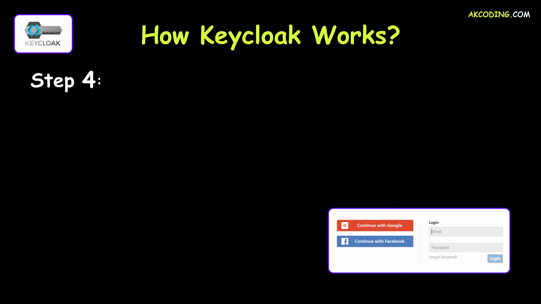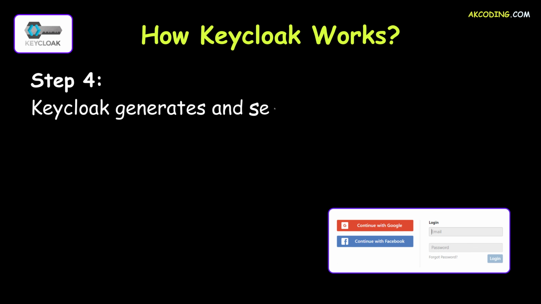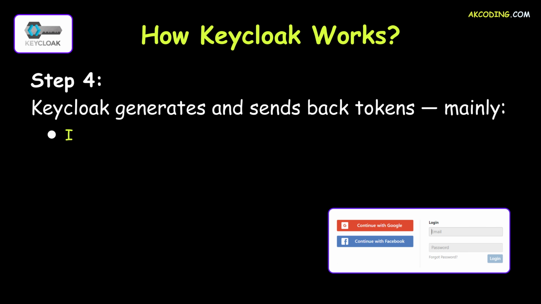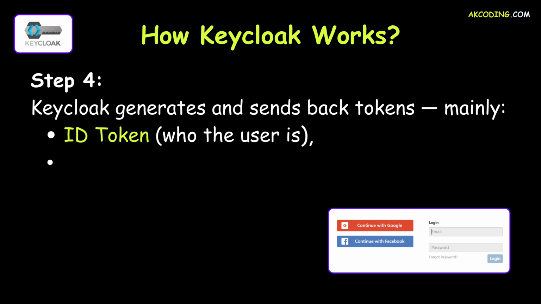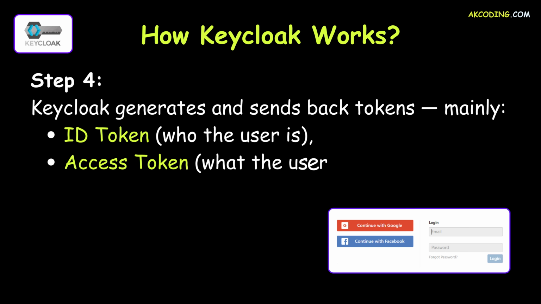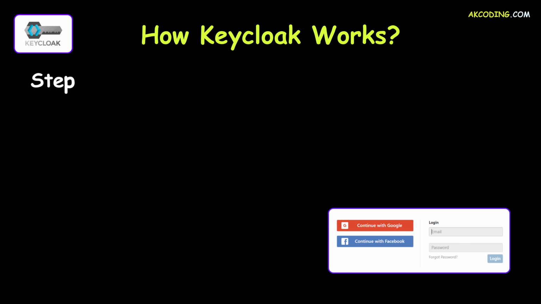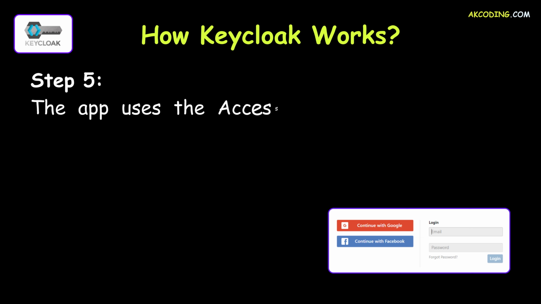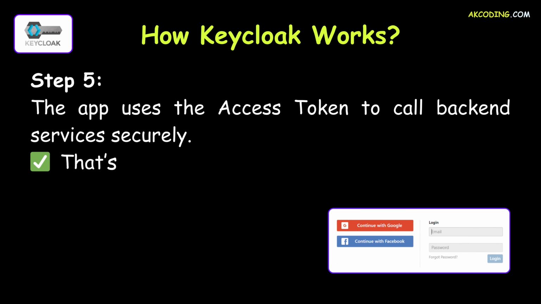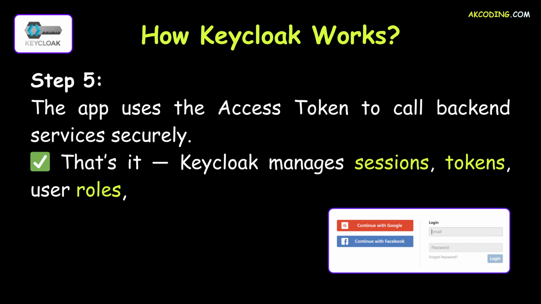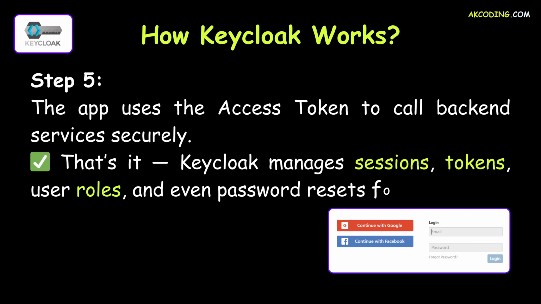Step number 4, Keycloak generates and sends back tokens, mainly an ID token, who the user is, an access token, what the user can do, and optionally a refresh token. Step number 5, the app uses the access token to call backend services seamlessly. That's how Keycloak manages sessions, tokens, user roles, and even password reset for you.